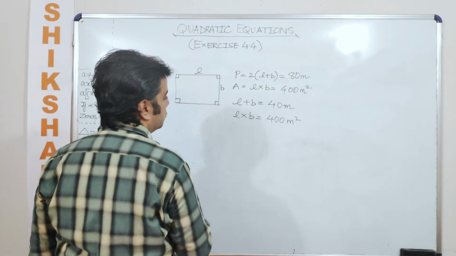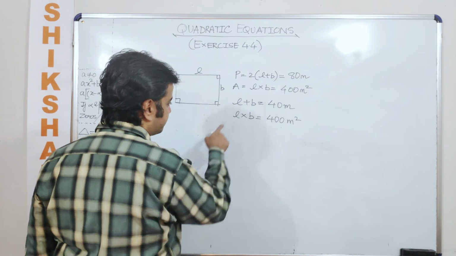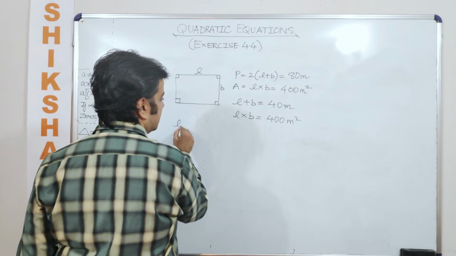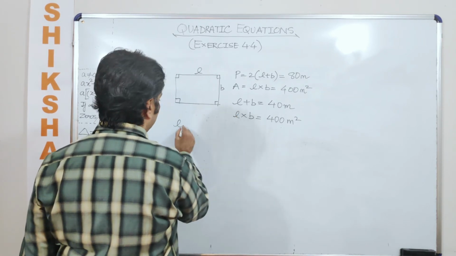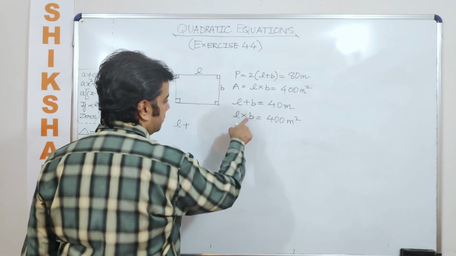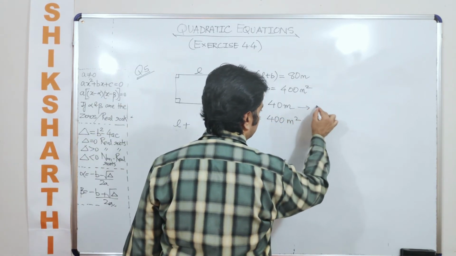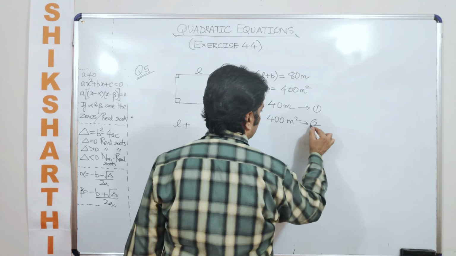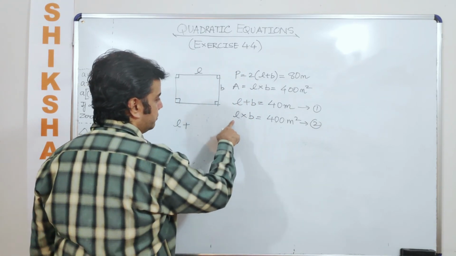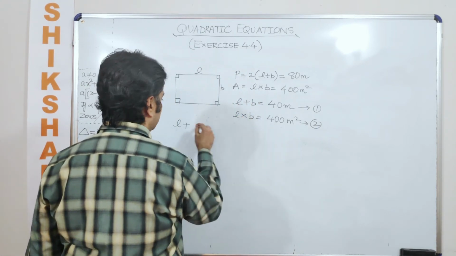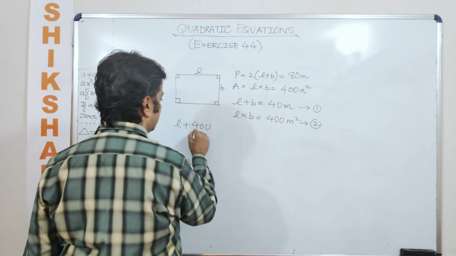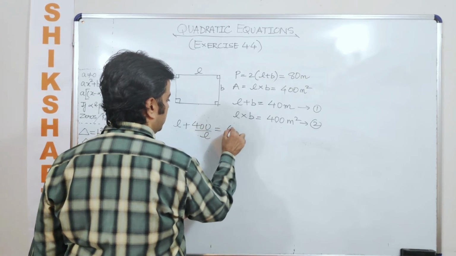Okay, so now let's say this is equation 1 and this is equation 2. So from equation 2 I can substitute the value of B. This is just like saying L plus 400 by L is equal to 40.